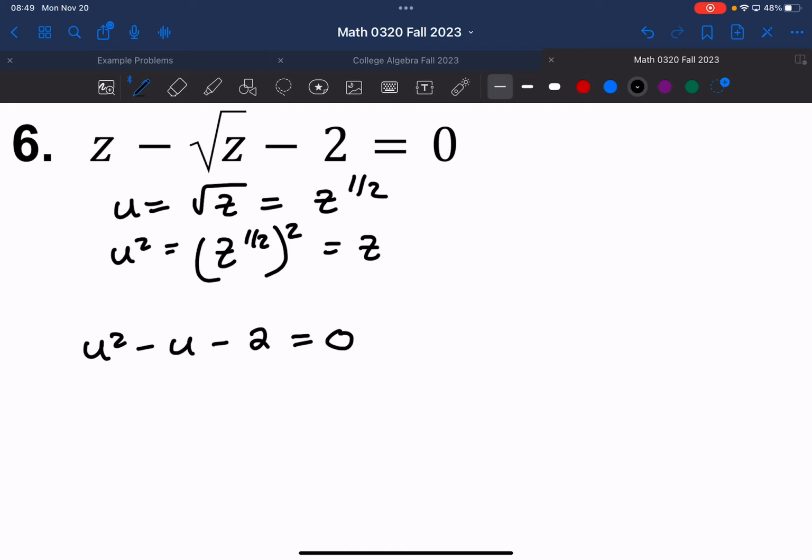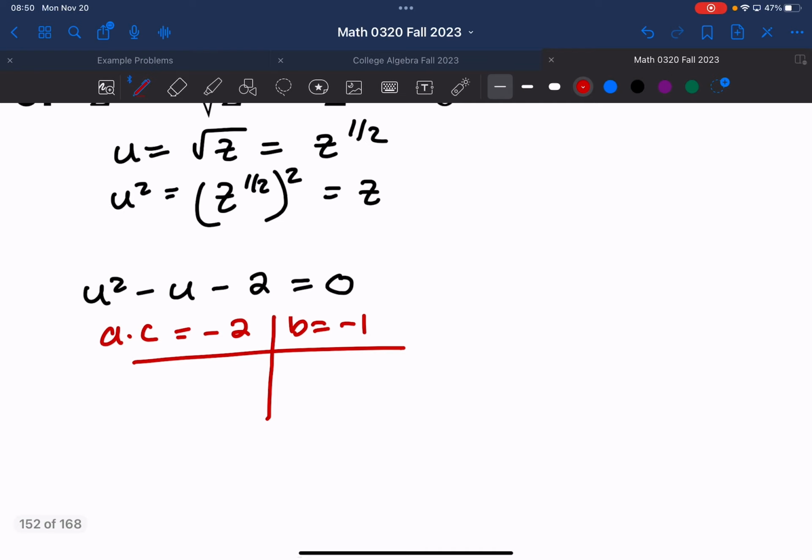Again, we do this because the quadratic that we got in terms of u is a lot easier than the quadratic we have in terms of z. So we're going to use the AC method, which is -2 for AC and B is -1.